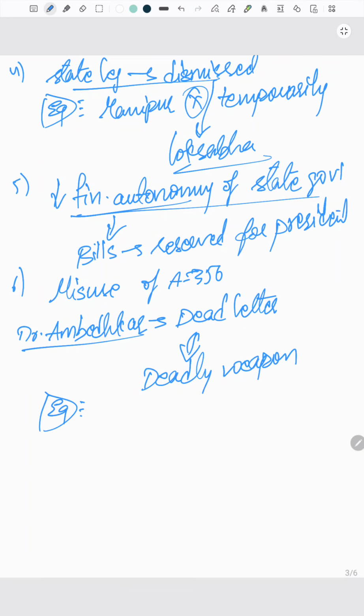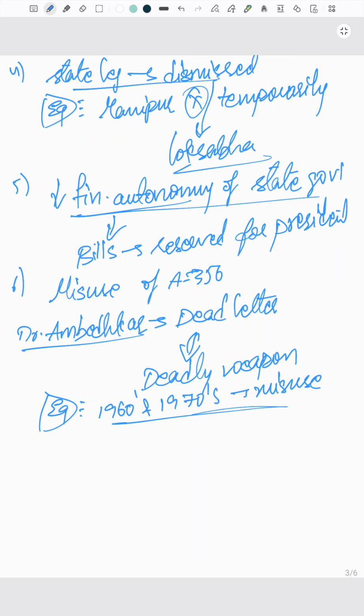Yes. If you observe, in the 1960s and 1970s, there was a lot of misuse of this Article 356 by the Indira Gandhi government. You can mention that here. Many political leaders were arrested, so it also violated their fundamental rights. You can state that example.